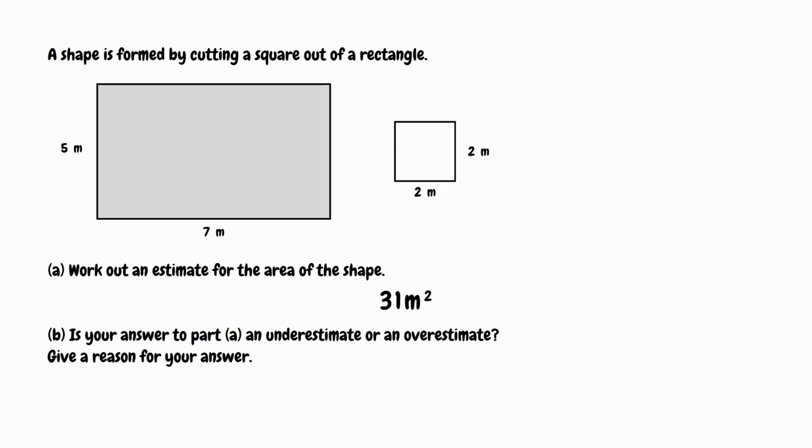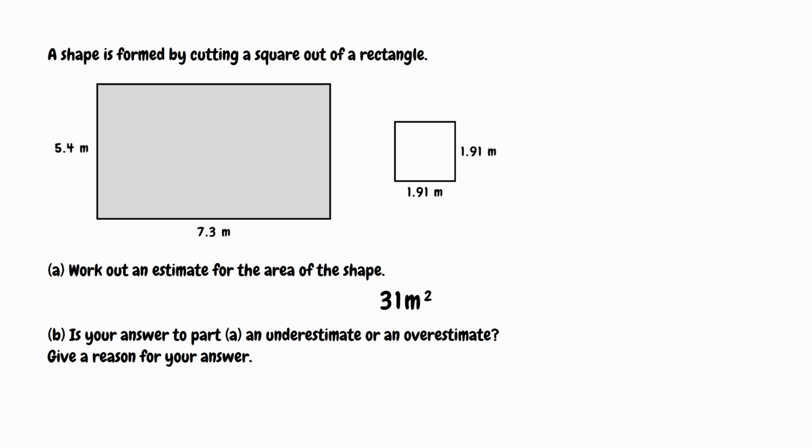Now for part B to the question, we have, is our answer to part A an underestimate or an overestimate? Well, let's just take a look at the original values we were given for the lengths of our shapes. For the rectangle, we had 7.3 and 5.4, and we actually rounded these values down.